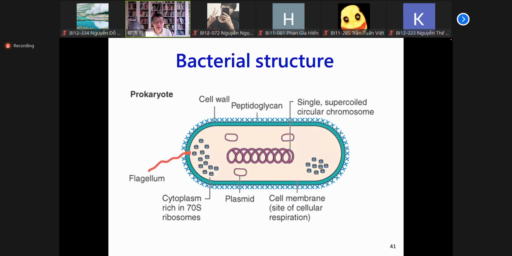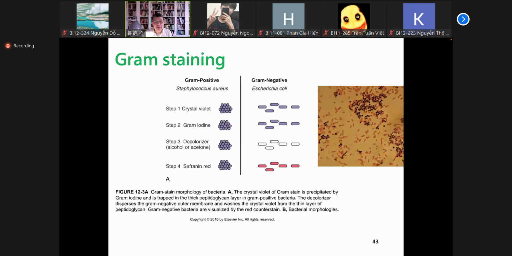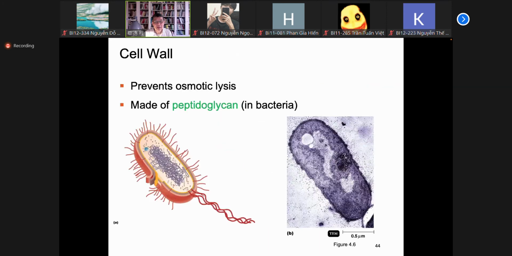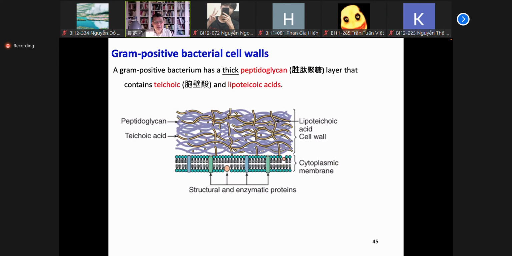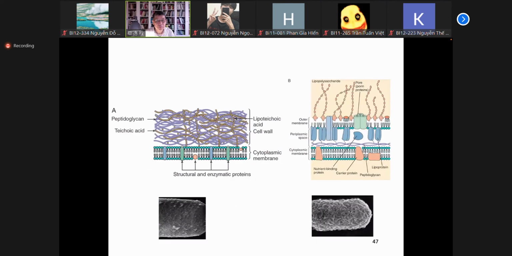Okay, finally, let me introduce some metabolism. The basic concept of the bacterial metabolism. Okay, metabolism.